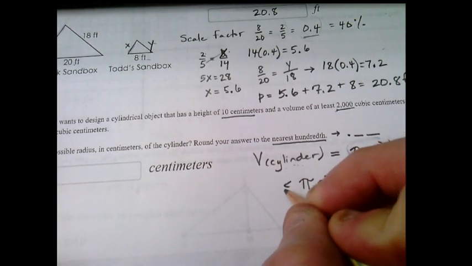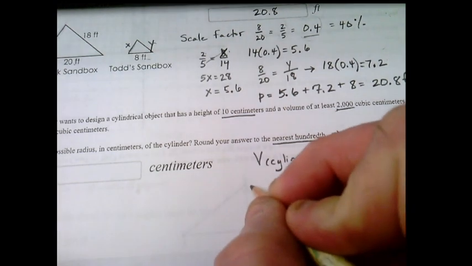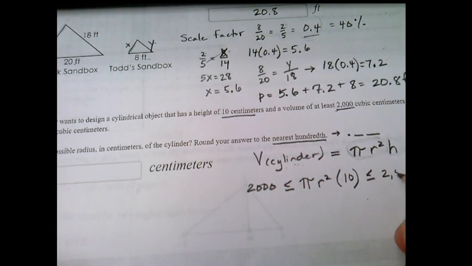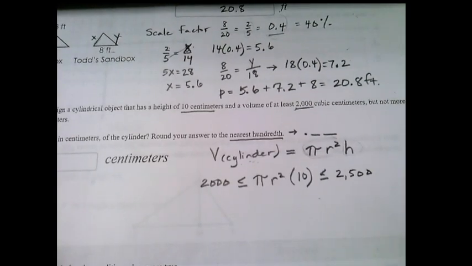So our answer has to be between 2,000 and 2,500. Okay? Now, obviously, you can go ahead and use guess and check here with this. In fact, I think you can even plug it into Desmos, and I may check that here in just a second.